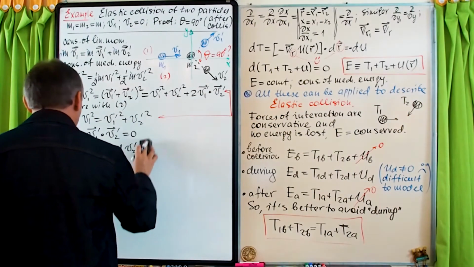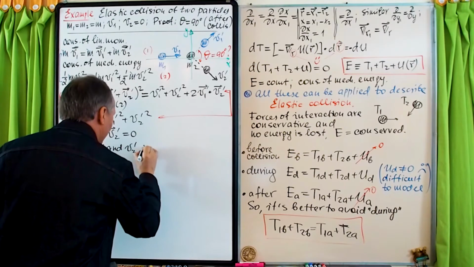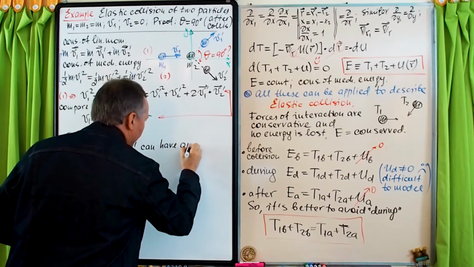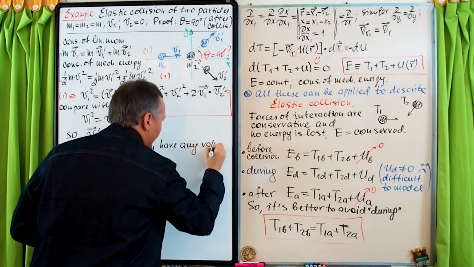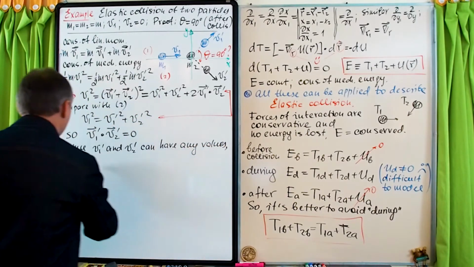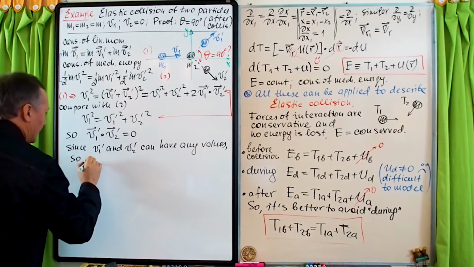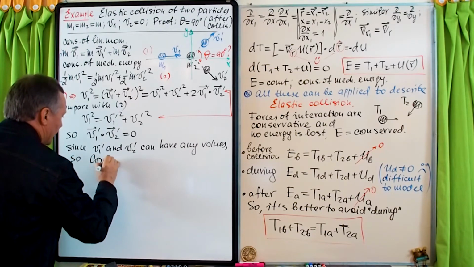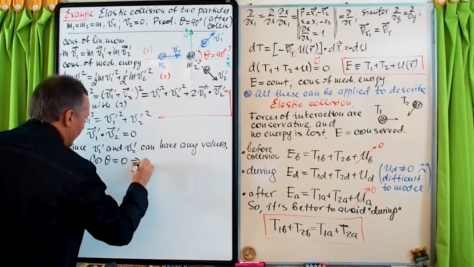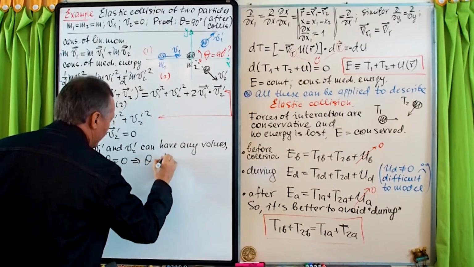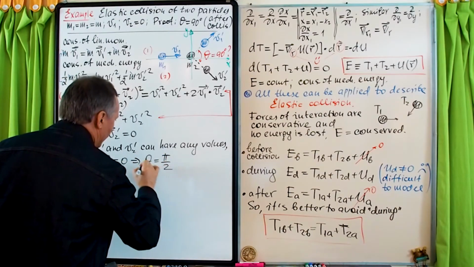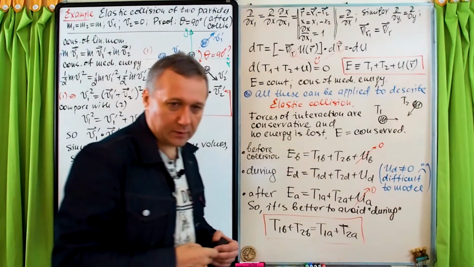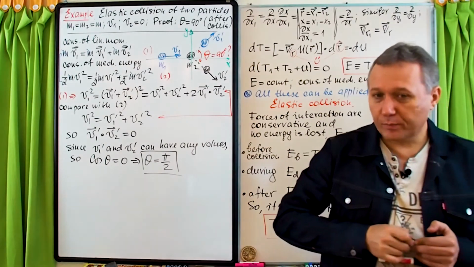Since we can have different values, we can say that cosine of theta equals 0, and of course theta equals pi over 2, right? Okay, so that's basically a proof.